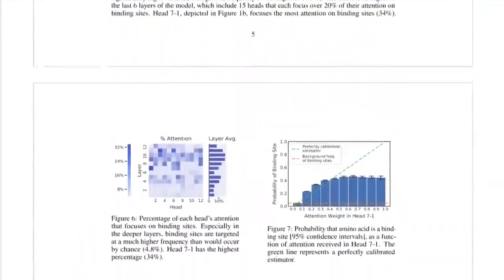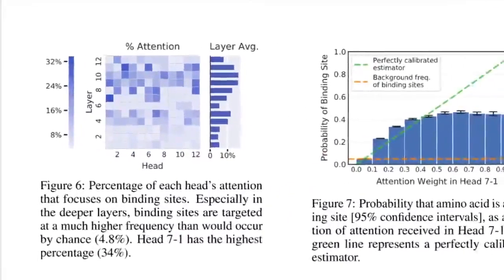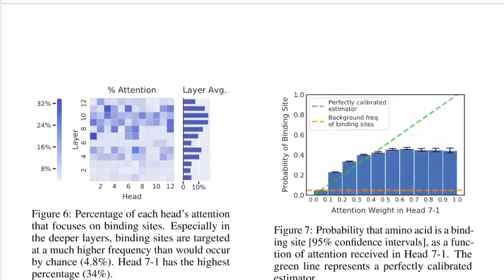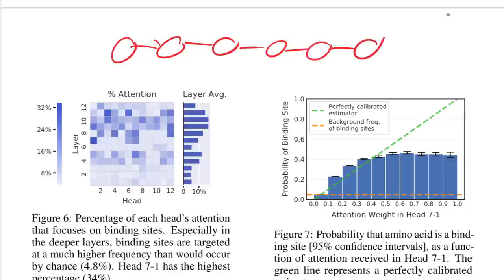The second thing we're looking at is these binding sites. Now, these are single properties of different amino acids, and we're simply looking at all the other tokens that focus their attention. Why is this important? Because these binding sites are central to the function of the protein, right?